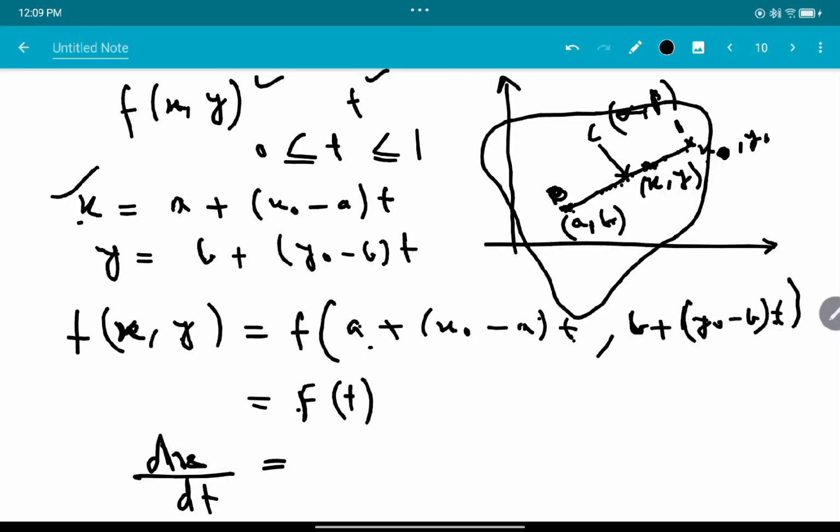We are finding dx by dt, that is a is constant, x naught minus a, that is constant, a is constant, we have t, that's 1, dx by dt is 1. Next we have this dy by dt, dy by dt is again 1.